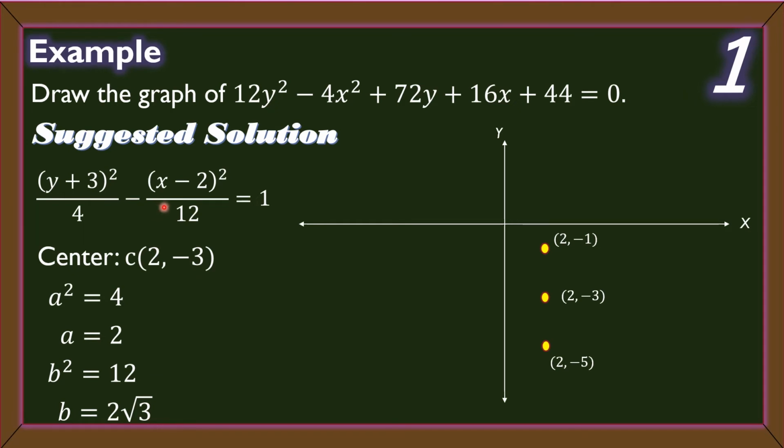Notice that in the standard form of the equation of the hyperbola, the positive term is (y + 3)^2 over 4. So we have the transverse axis that is parallel to the y-axis. And since b is equal to 2 square root of 3, we have the conjugate axis whose endpoints are each 2 square root of 3 units away from the center.